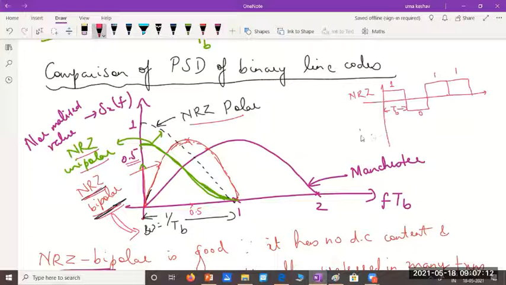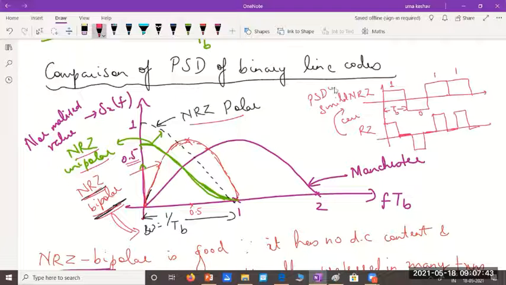Whereas in RZ, the pulse exists only for half the bit duration. For the other half, it is 0. So it can be polar format, unipolar or bipolar. So you will see the behavior of RZ need not be analyzed separately. Its power spectral density curve will be similar to the corresponding NRZ version. Okay, it is similar.